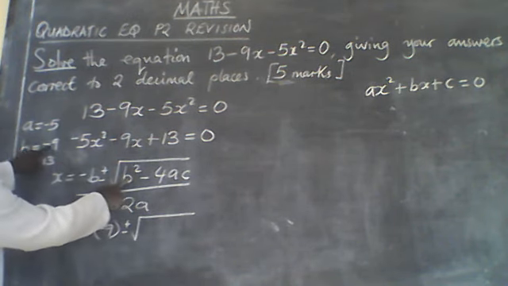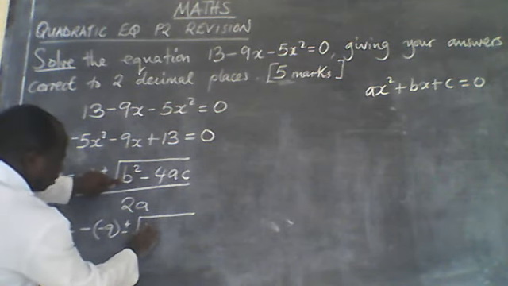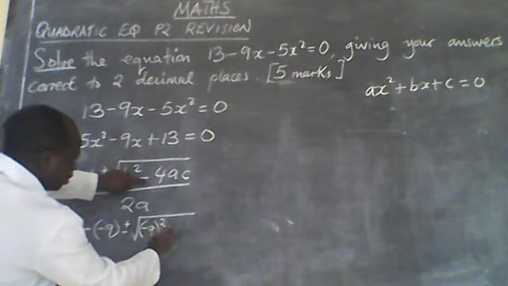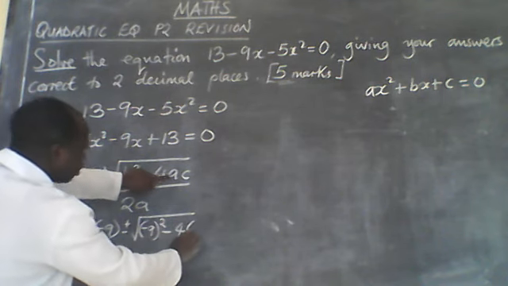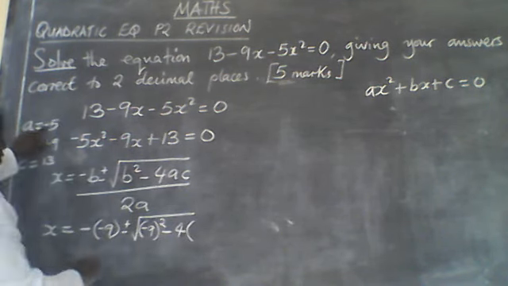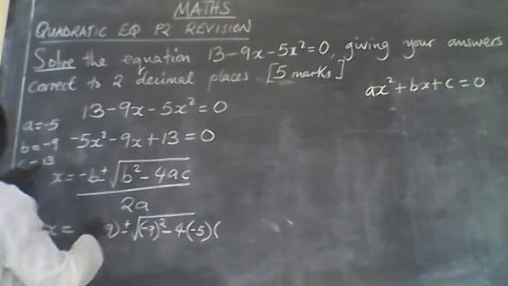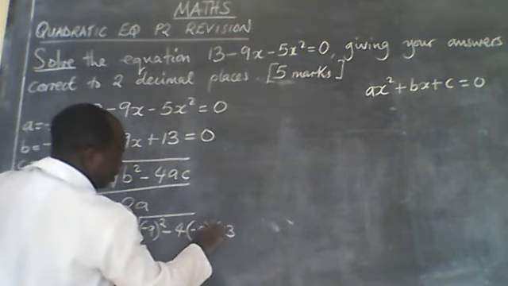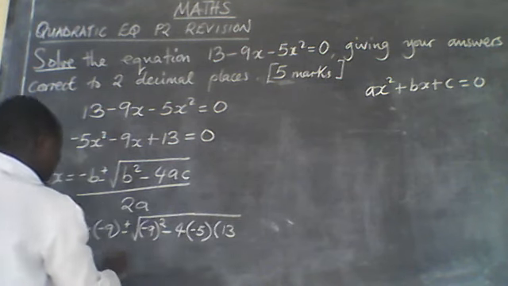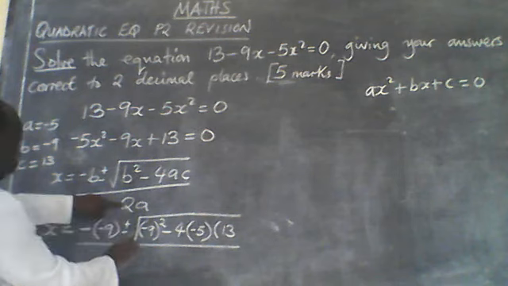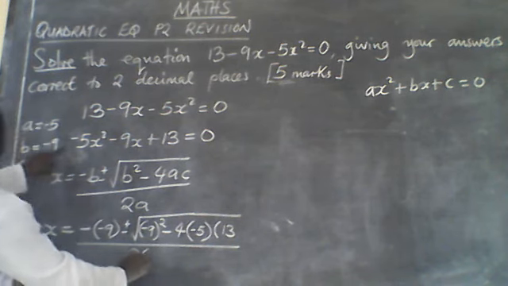B, negative 9, put in brackets, is squared, minus 4. What is my A? Negative 5, put in brackets. What is my C? 13. Then everything here over what? 2. What is my A? Negative 5.